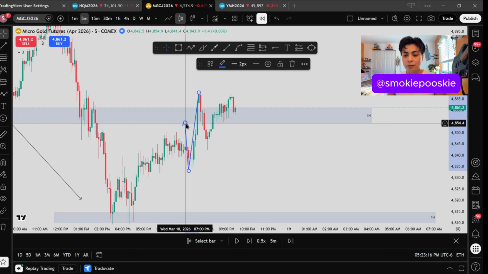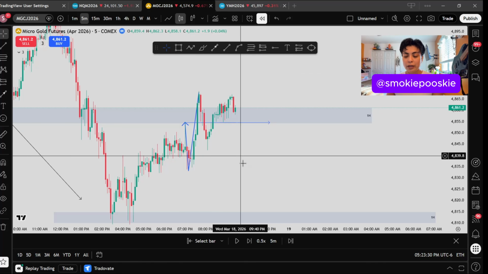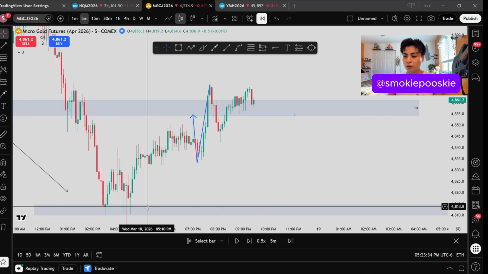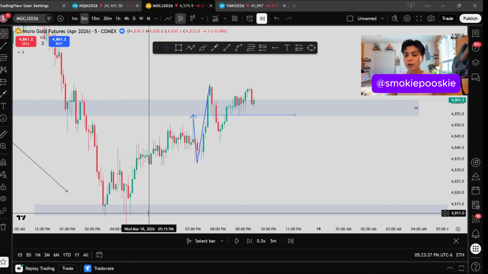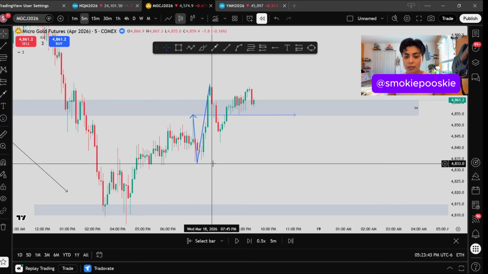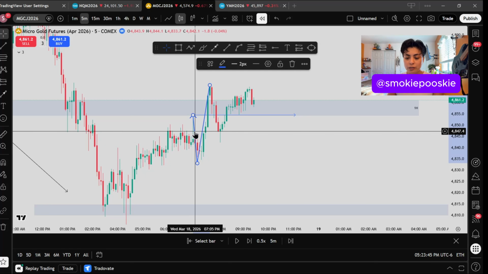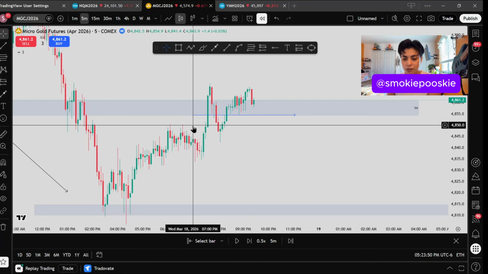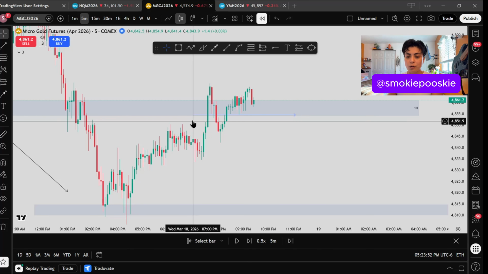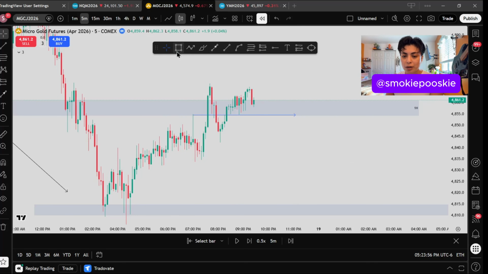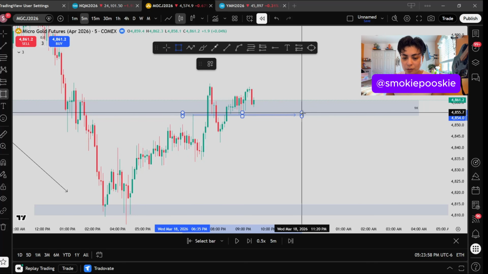And if you notice, I'm using the wicks on the low time frame, and overall I've been using the wicks more and more because of the wicks being information, and because of me being on the 1 minute time frame. These wicks right here are made up of 1 minute candles, so I mark it out so I can see what my highest point was on the 1 minute chart, right?